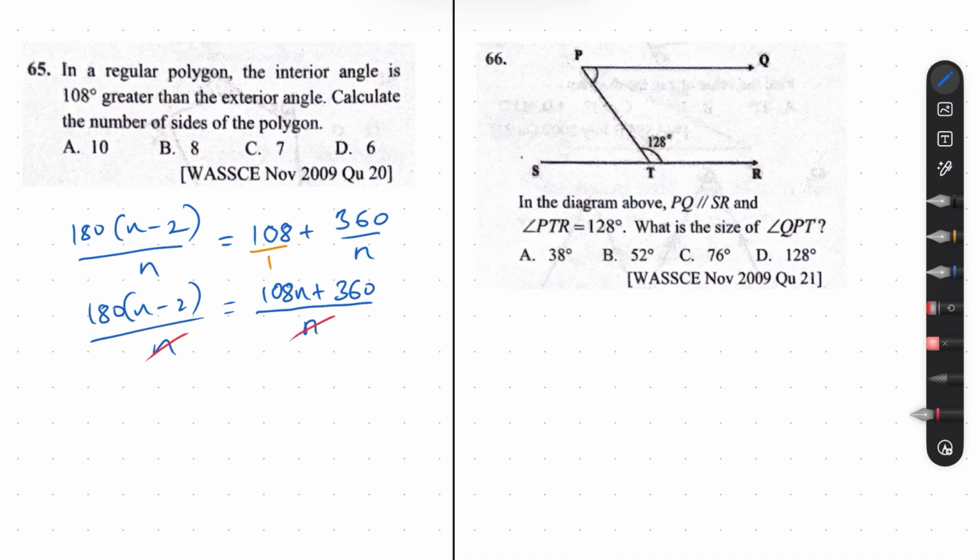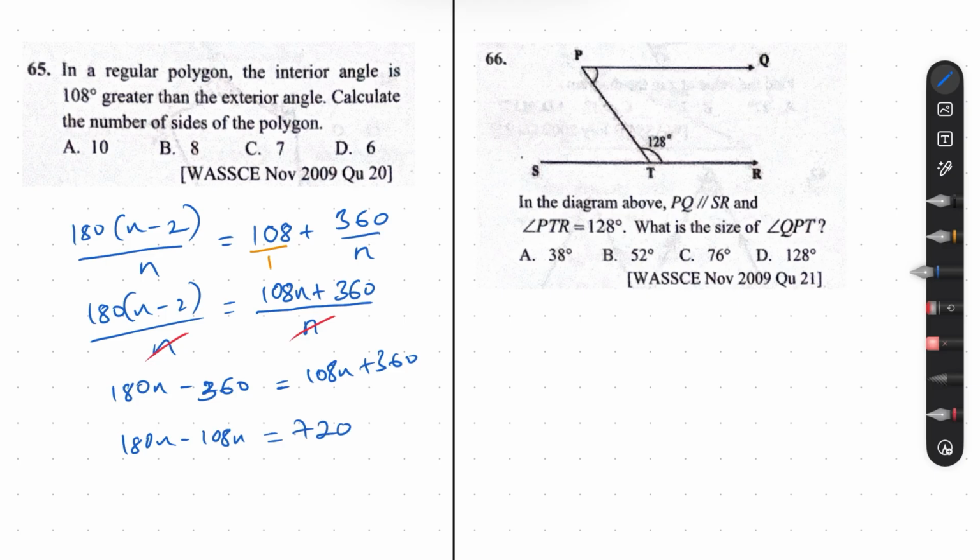Right, so now let's expand. 180(n minus 2), sorry, minus 360 should give us 108n plus 360. So when we switch sides and simplify everything, we should get 180n minus 108n equals what? 720.